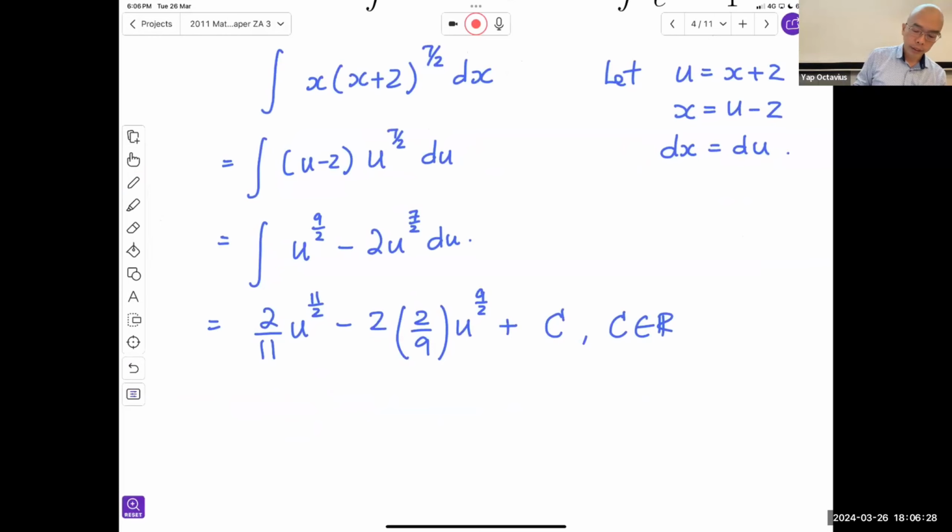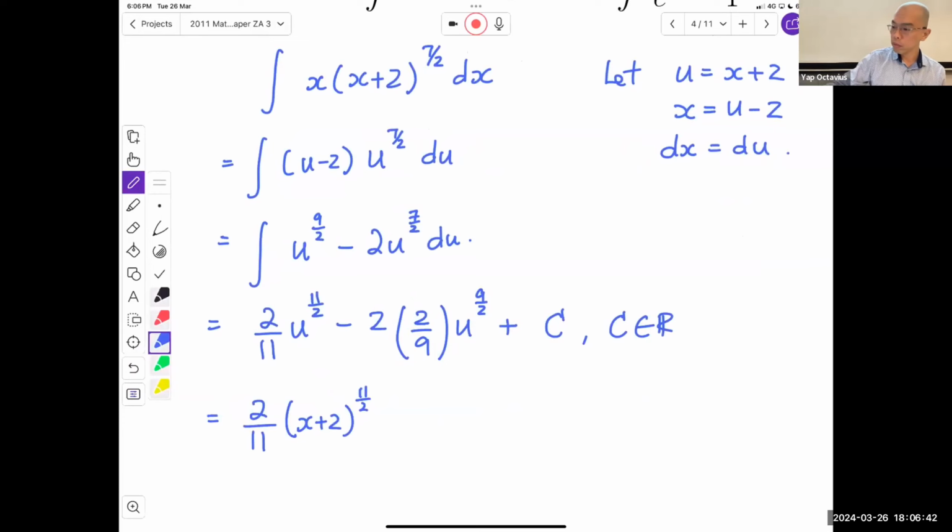So we are almost there. All we need to do is to put back our substitution. Those who are doing by parts, is the answer very far away?